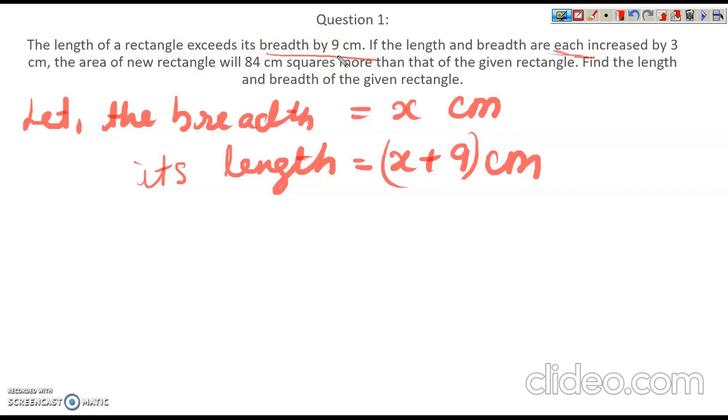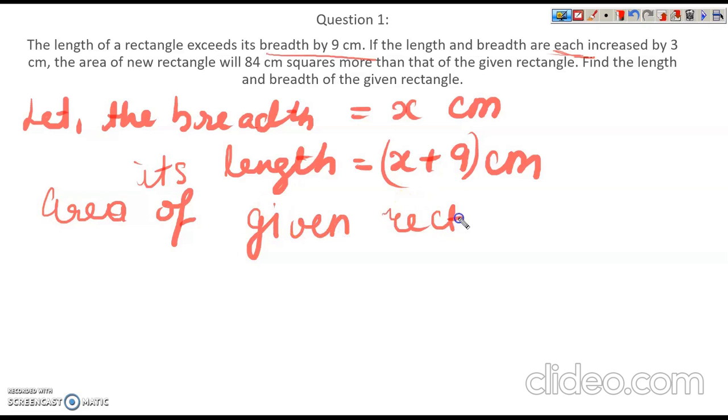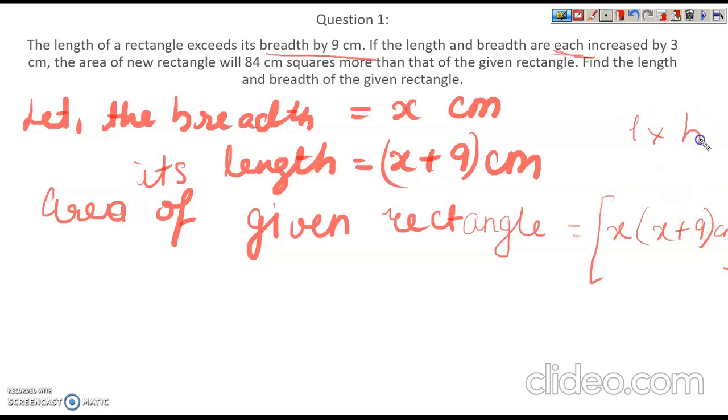So now we will say area of the given rectangle is x plus 9 times x. You all know for area we multiply length times breadth. Now, it's saying the length and breadth are each increased by 3.